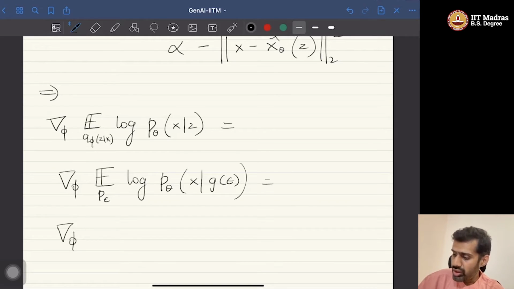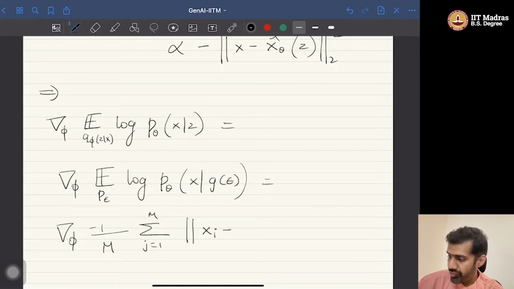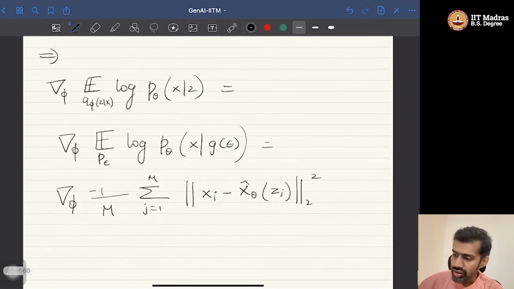This expectation was approximated using sample averages, which is 1 by m, sum over j is 1 through m, with a minus here: xi minus x cap theta, the output of the decoder, at zj. That's it. This is the loss that is to be computed.